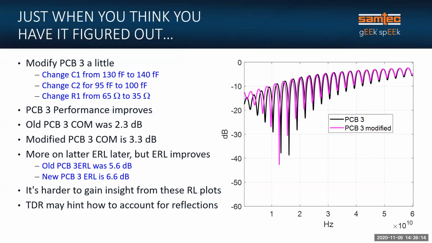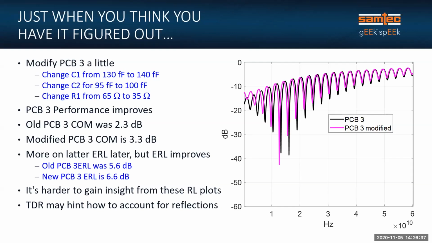Okay, just when you think you've got it all figured out, let's modify the PCB a little. We've changed some parameters in here, and you can review these values at your leisure. PCB3 performance, which I'm calling PCB modified in the graph on the right, actually improves.